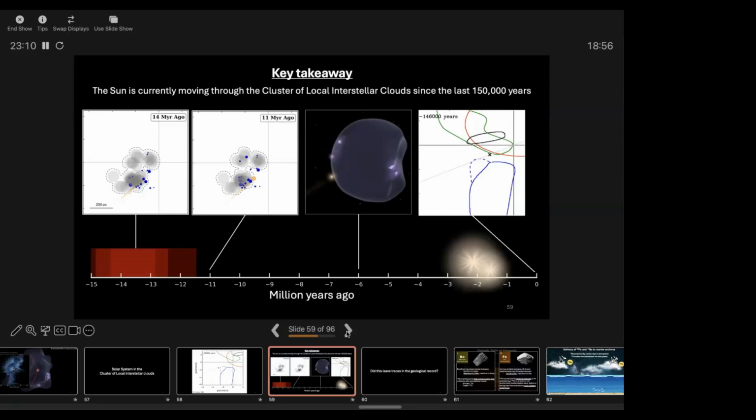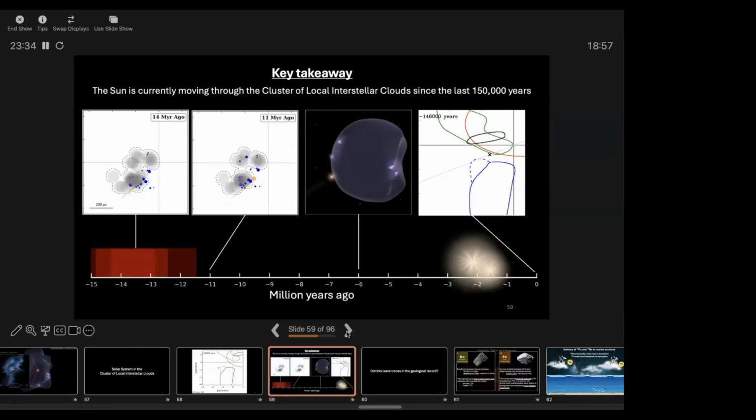Now I hope this is clear and you have a clear picture of the environment that the sun encountered in the last 20 million years. It encountered the Red Cliff wave, it exited the Red Cliff wave, and then it entered the local bubble, and then it entered also the cluster of local interstellar clouds.